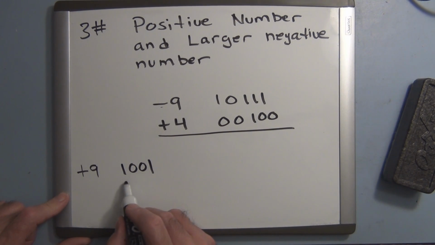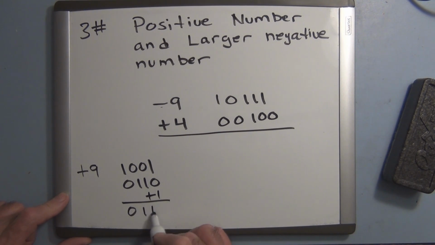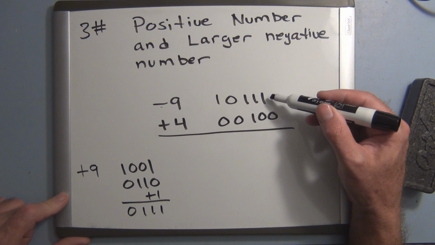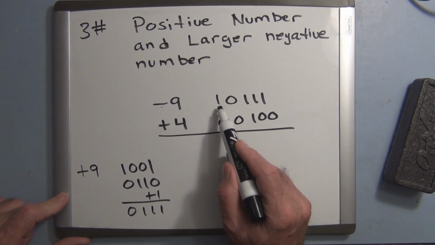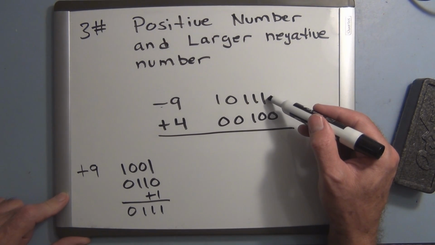If we complement that, we have 0, 1, 1, 0. And to get to the 2's complement, we add a 1 to that. So we have 0, 1, 1, 1, which is in fact what we have here. We still have the sign bit of 1, indicating a negative number, and the magnitude portion here is the 2's complement representation.